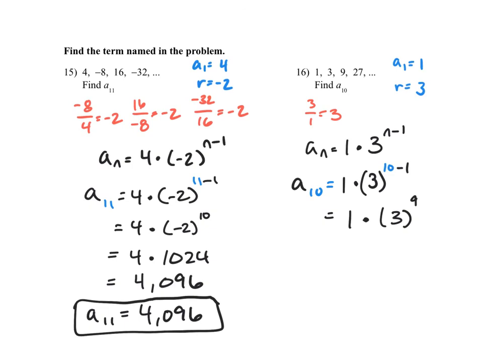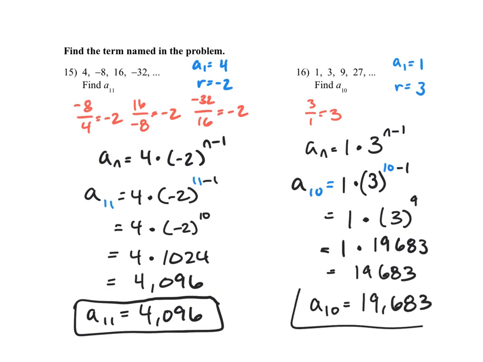It is 3 to the 9th power. And when you raise 3 to the 9th power, you get out 19,683. Then when you multiply that by 1, it stays 19,683. So A sub 10 would be 19,683. Bam.